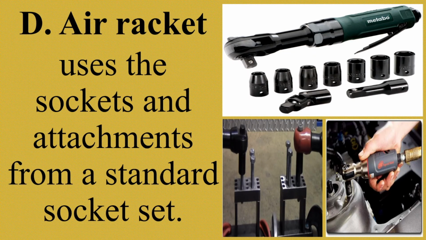Ayan, kung makikita nyo, meron siyang socket, guys, na kung saan ilalagay mo dun sa drive. Ito yung ginagamit upang luwangan, upang higpitan yung bolts, yung sockets, yung screws. That's why we have different kind of tool that we can use in tightening and loosening screws, nuts, and bolts.